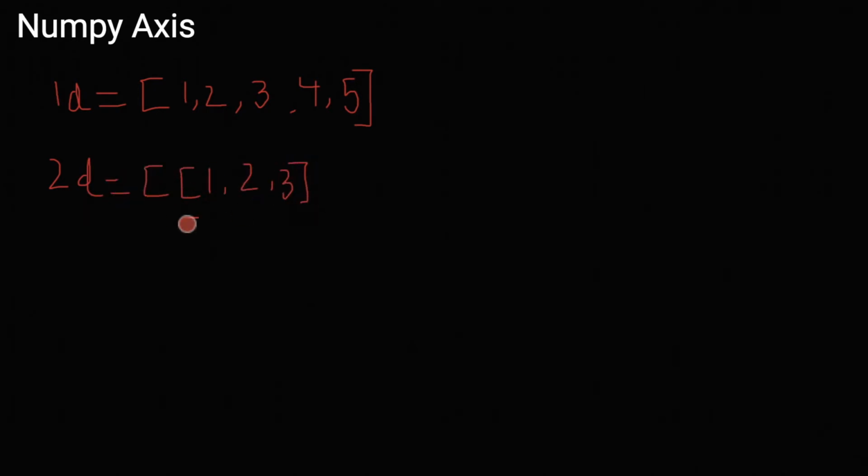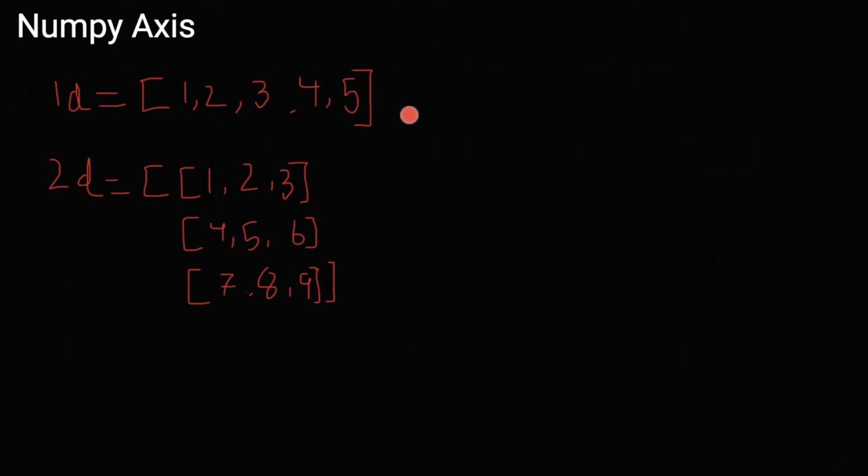So for example, let me create a 1D array. So I'm creating a 1D array here. Next, let me create a 2D array. Okay, so we created a 2D array. Now what is this? This is a 1D array and this is a 2D array.